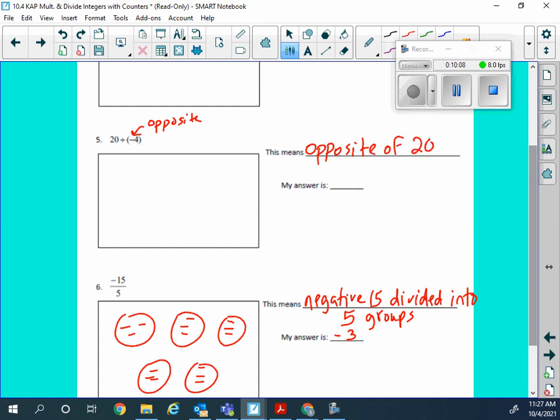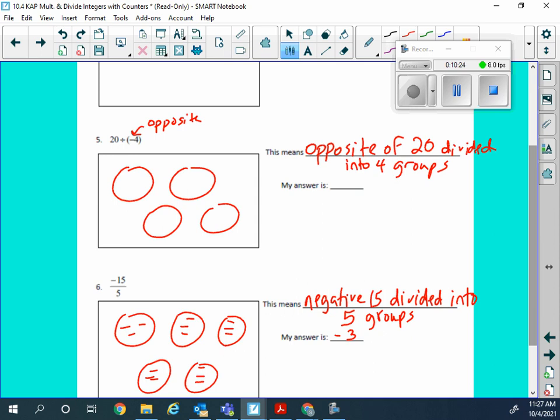So now you're going to say this means the opposite of 20 divided into 4 groups. Okay? So I need 4. And I want the opposite of 20. What is the opposite of 20? Negative 20. So that means I'm going to put what?